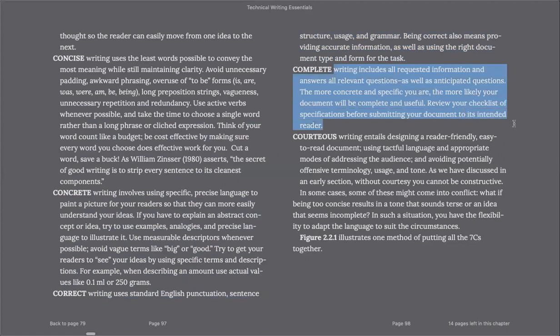The next C within proper writing is complete. You call a specific document, essay, or report complete when it is addressing and answering the question completely. If I have an essay topic or report writing topic, and I do not address all those details within that writing, my writing is not complete. It means some part of the answer to the question is missing.